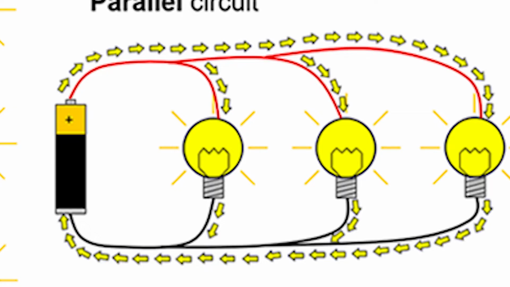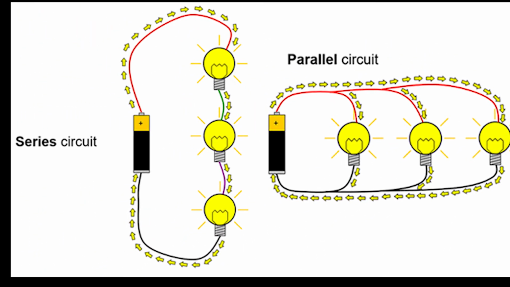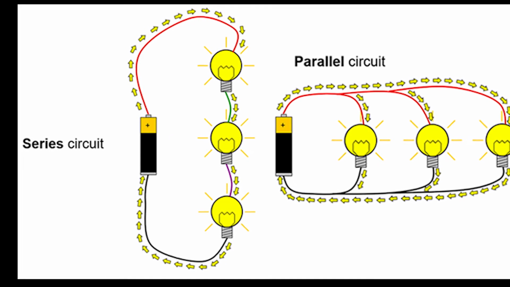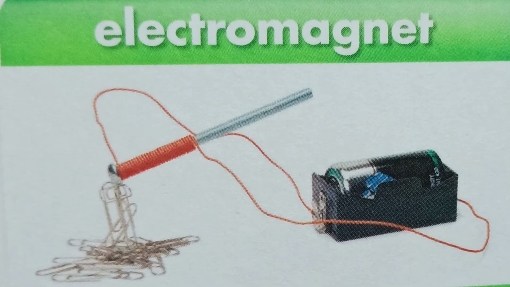Parallel circuit. A parallel circuit is a little bit different from a series circuit. This kind of circuit is a circuit that has two or more paths through which electric charges may flow. Finally, electromagnet. An electromagnet is a magnet that works only when electricity powers it.